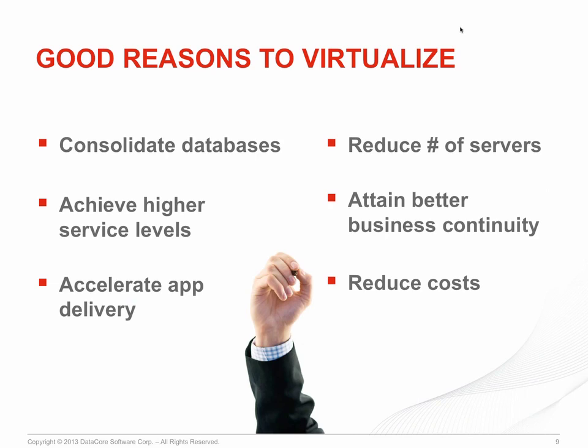But when you consolidate and put a lot of data in one place, you need better continuity. This is why we're going to talk about business continuity. And of course, we're going to talk about reducing cost for the virtualization.